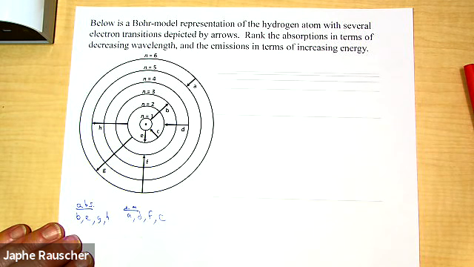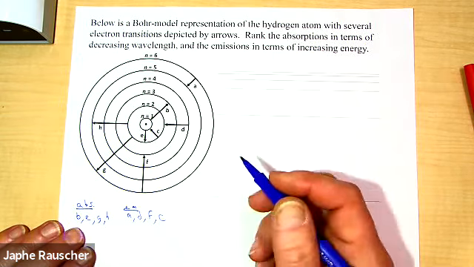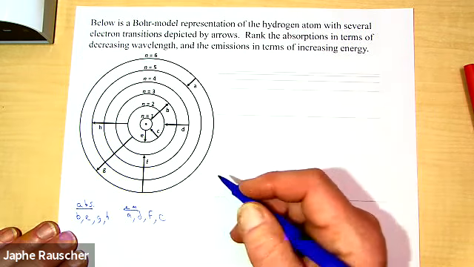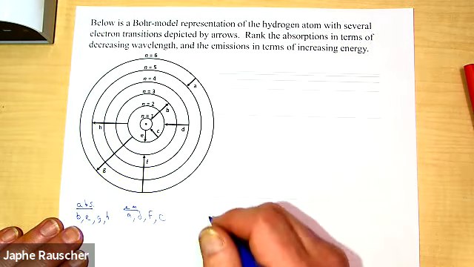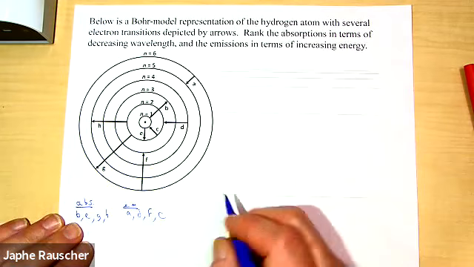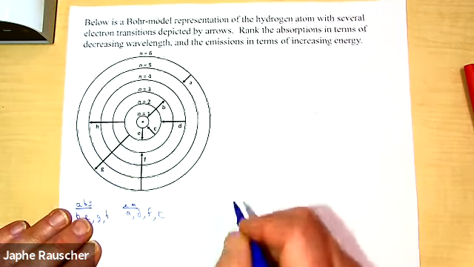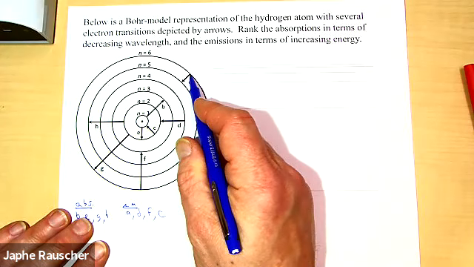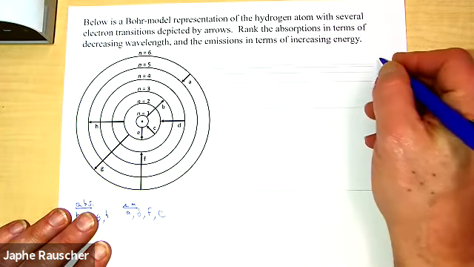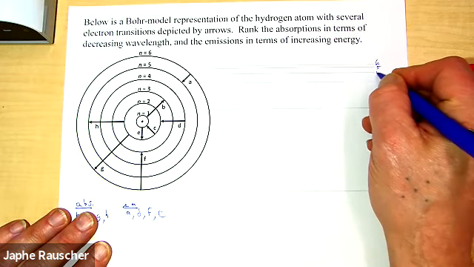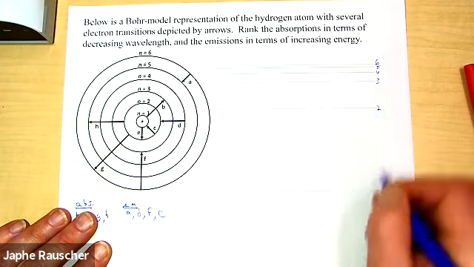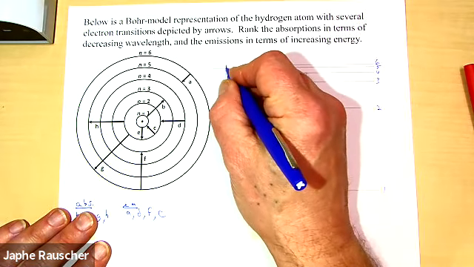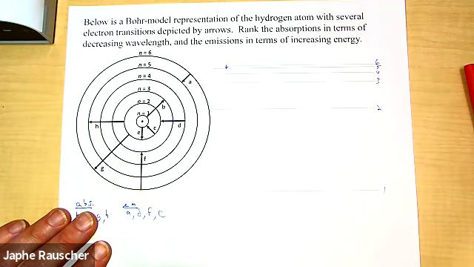Now, I think the easiest way to go about this is to figure out which ones have the highest energy and which have the lowest energy. Let's start with A. A goes from n equals 6 down to n equals 5. So if we have levels 6, 5, 4, 3, 2, and 1, from 6 down to 5 is going to be a pretty small energy.